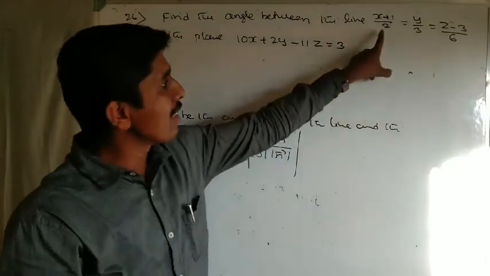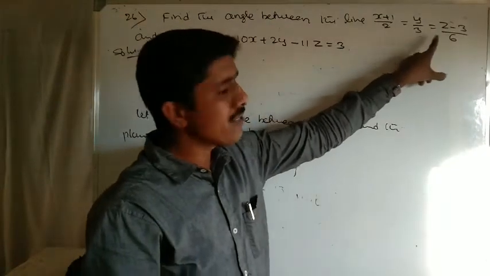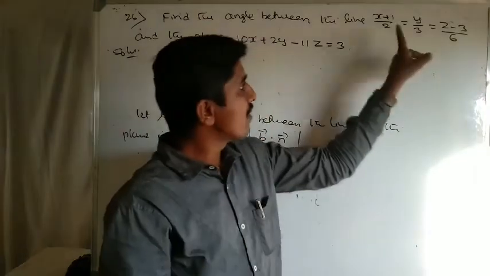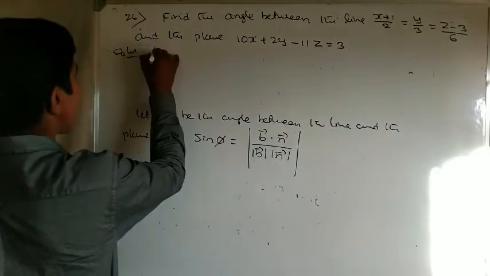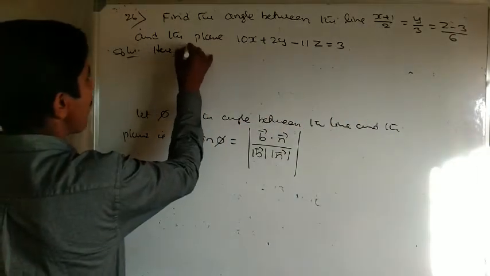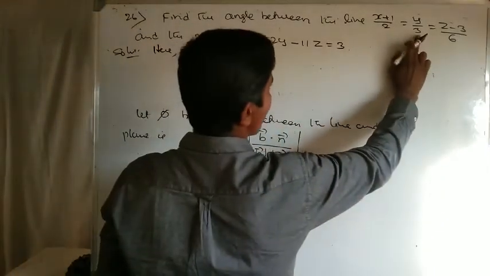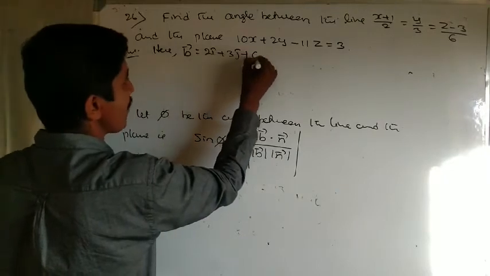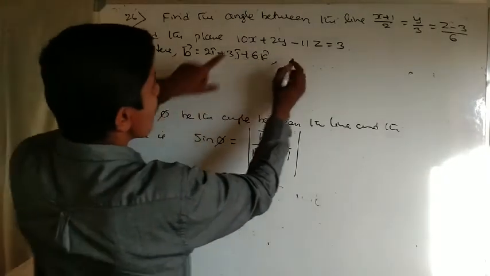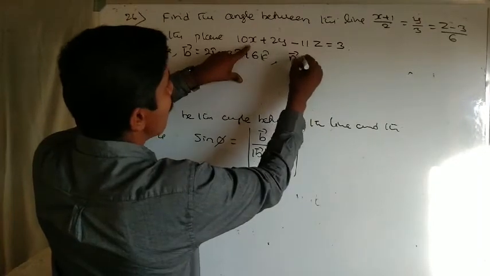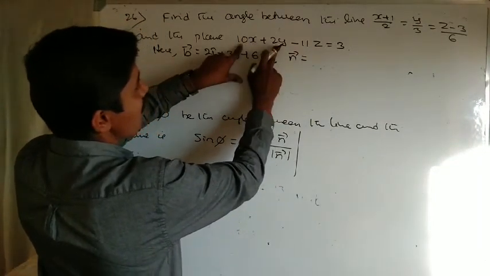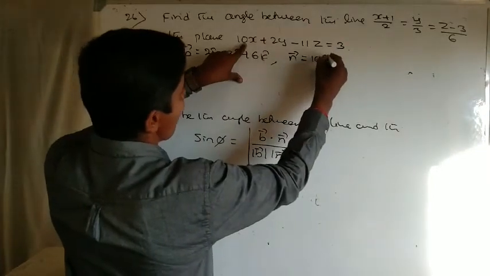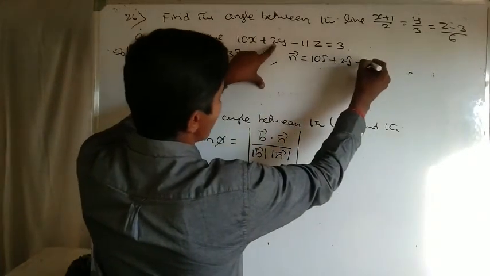In the line, the denominator values 2, 3, 6 are the direction ratios, so I am taking them directly. Vector b is equal to 2i plus 3j plus 6k. Vector n, the normal to the plane, has direction ratios 10, 2, minus 11, so vector n is 10i plus 2j minus 11k.